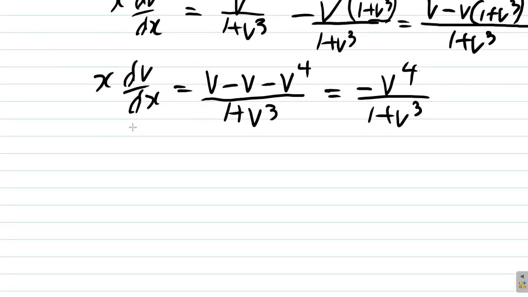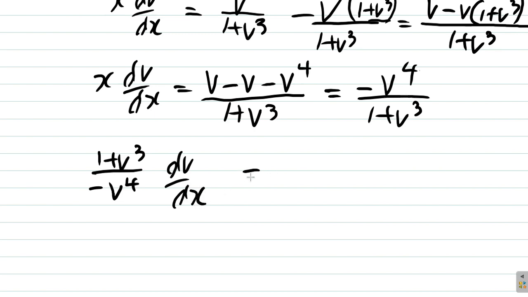So we need to fix this up now. If we multiply by 1 plus v cubed and divide by negative v to the fourth, we have dv by dx equals, it would be 1, because we multiply by this and divide by this, so that becomes 1.